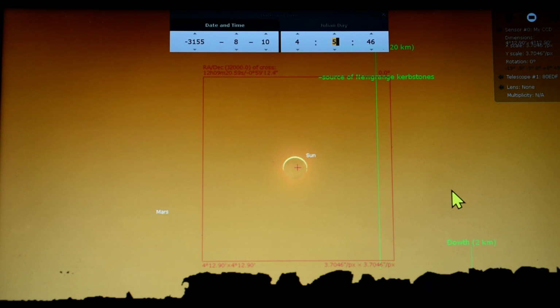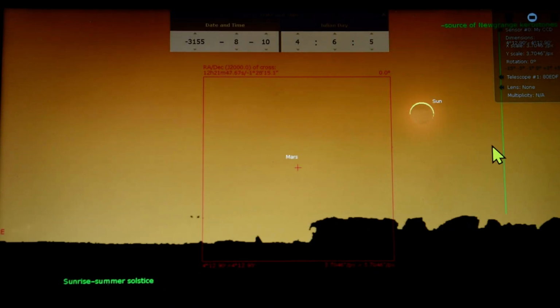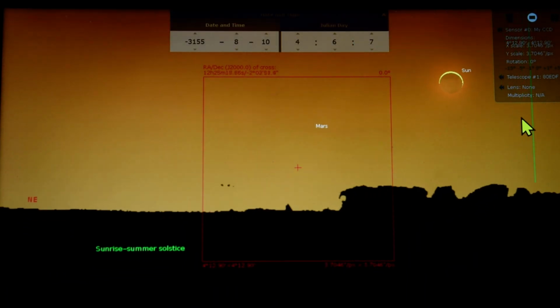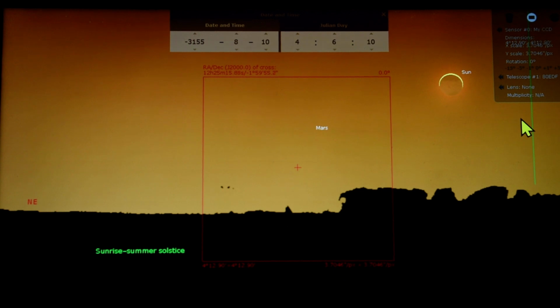So in real terms, this solar eclipse would have taken place a month or even 2 months earlier. I'll find the exact date. I just don't have it right now. But it would have been closer to the summer solstice. And this is indicated here in this Stellarium simulation of the Boyne Valley.